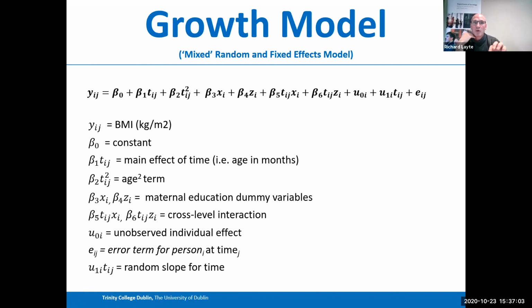And then we're giving a polynomial for that, the quadratic term, which is the square of it, so that we can look at change in the effect of time on growth patterns in BMI. And notice here, we've got our unobserved individual effect, that's the intercept, U0I there. And then we've got the slope coefficient. See the U1 at the bottom?